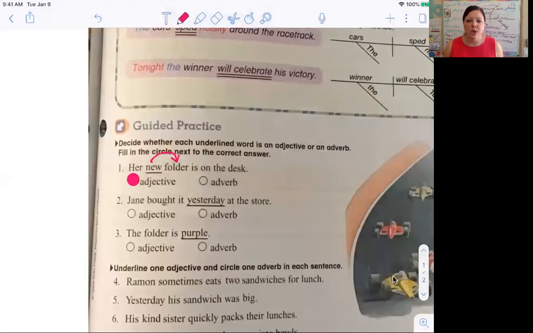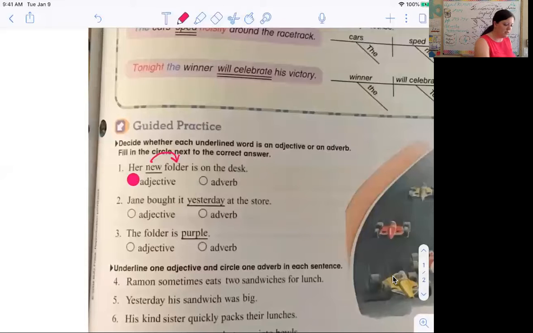There we go. Number 2, Jane bought it yesterday at the store. What is the word yesterday describing? Is it describing Jane? I don't think so. Instead, yesterday is telling us when the folder was bought.